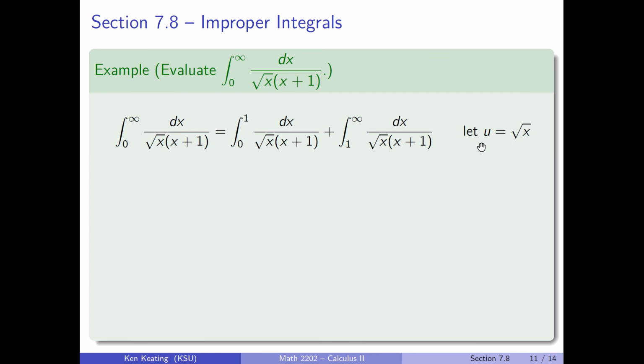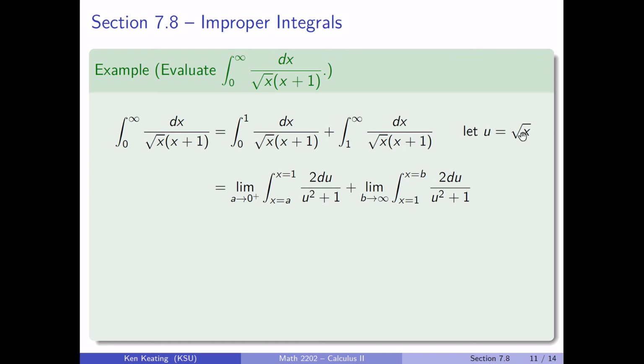So du would be 1 over 2 root x dx, or in other words, 2 du is 1 over the square root of x dx.